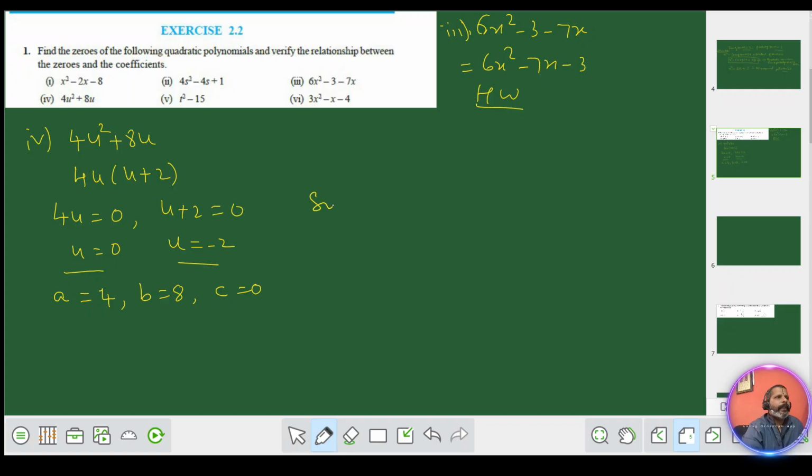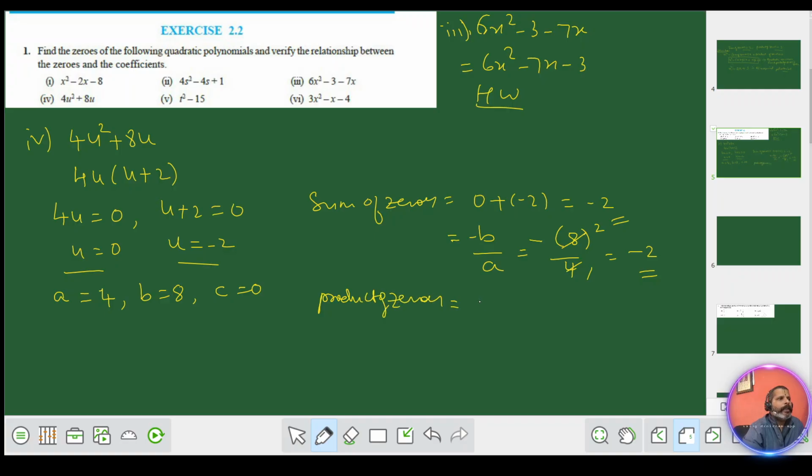Now you identify the sum of zeros, what are the zeros you got? 0 plus minus 2 is minus 2. Sum of zeros should match minus b by a, minus b is minus 8, a is 4, so minus 2. They matched, right?